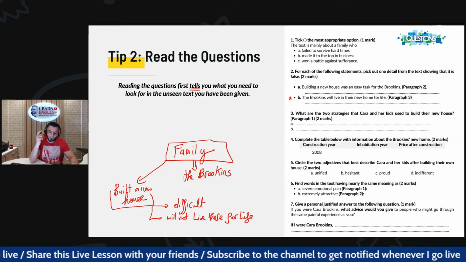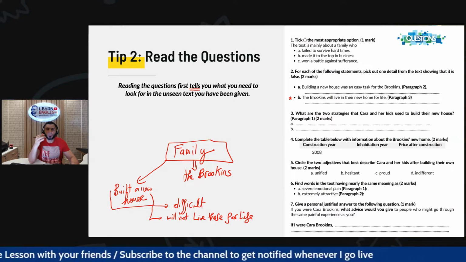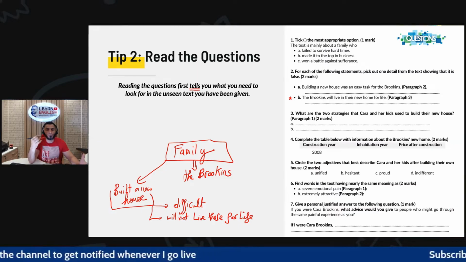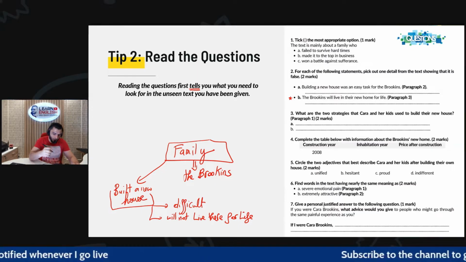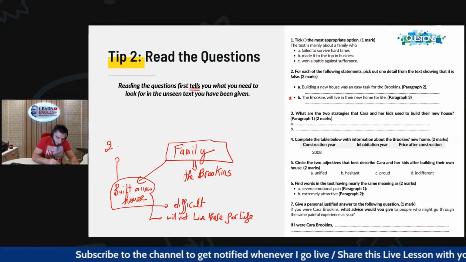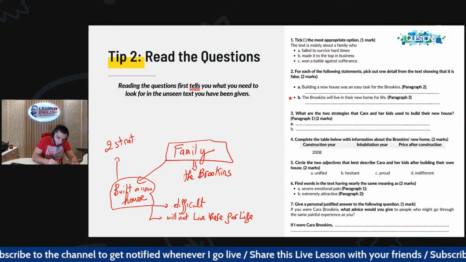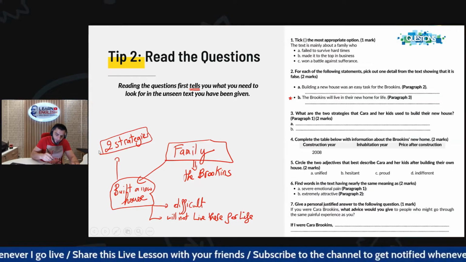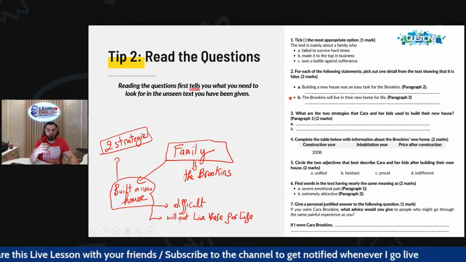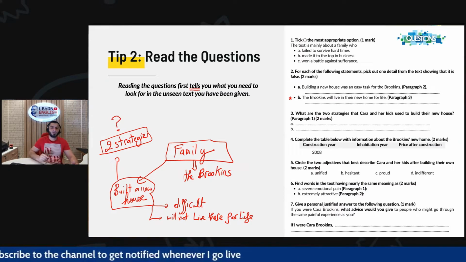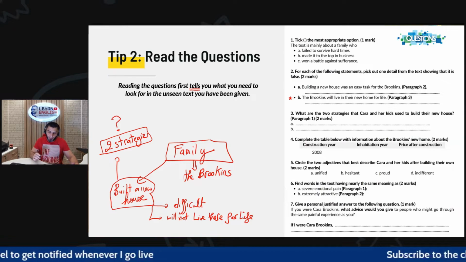Then question number 3, what are the 2 strategies that Kara and her kids used to build their new house? So another new information, which is 2 strategies. So we can understand that the family used 2 strategies to build this new house. And we want to find these 2 strategies.